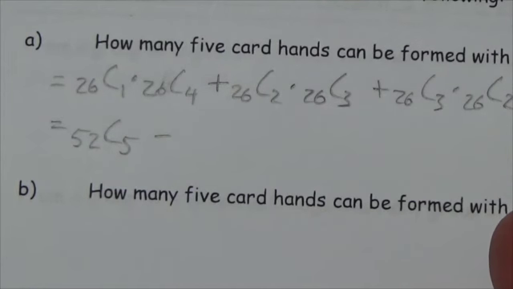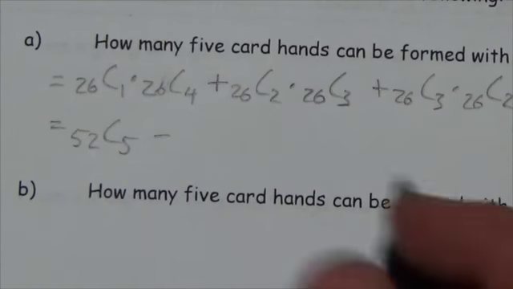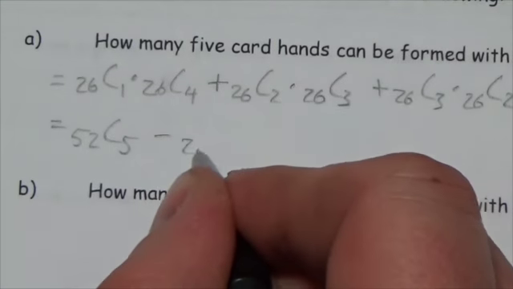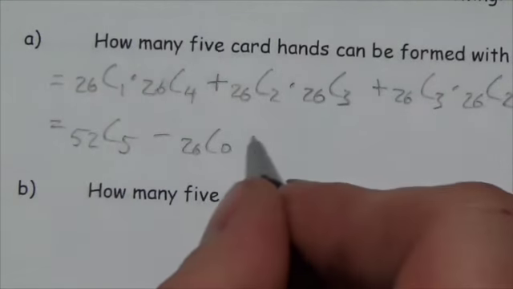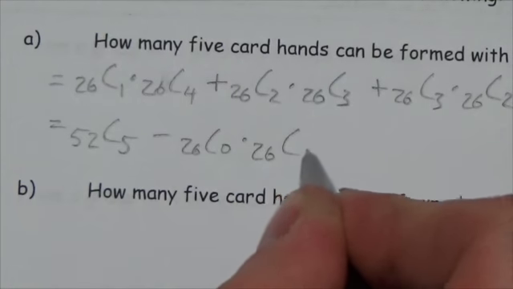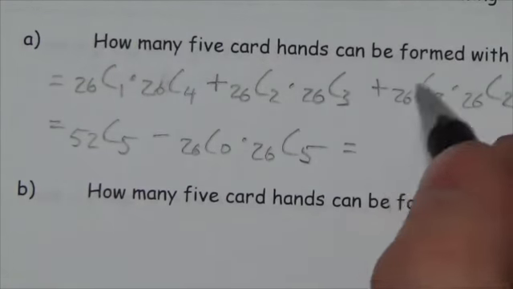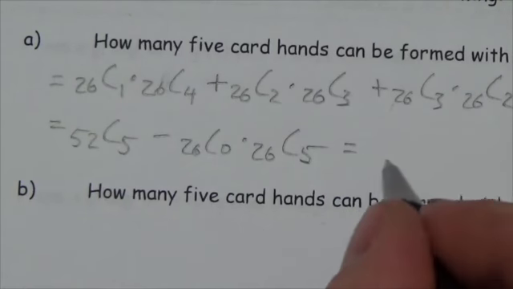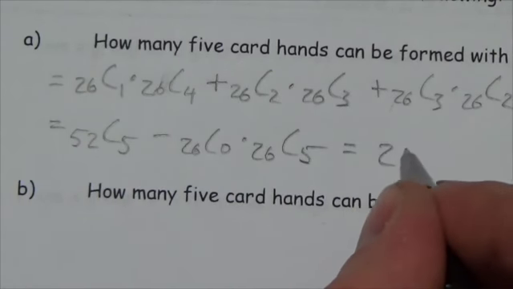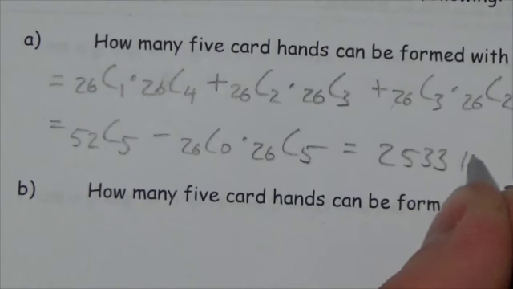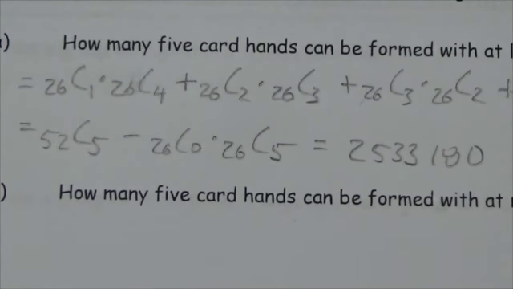Well, the exact opposite of that would be none. So I could subtract the situation where I've got no black cards and all red cards. The result is going to be the same no matter how I set this up, and what I get here is 2,533,180.